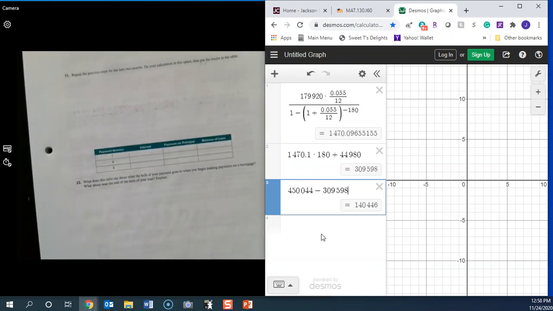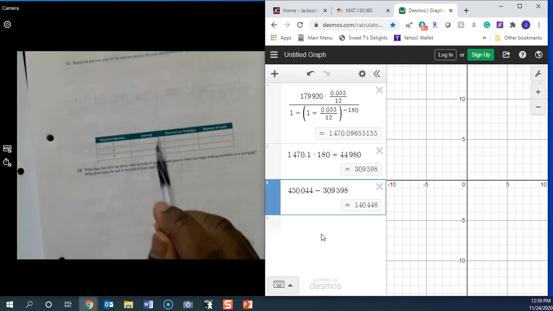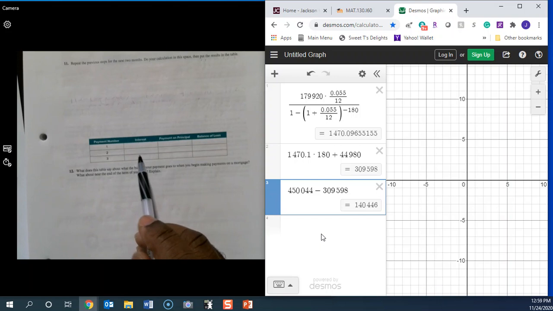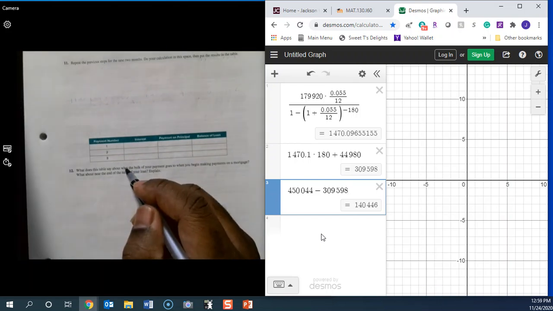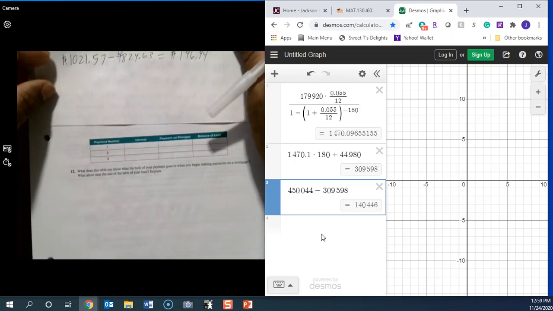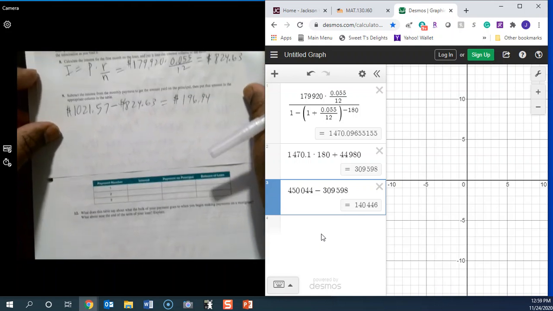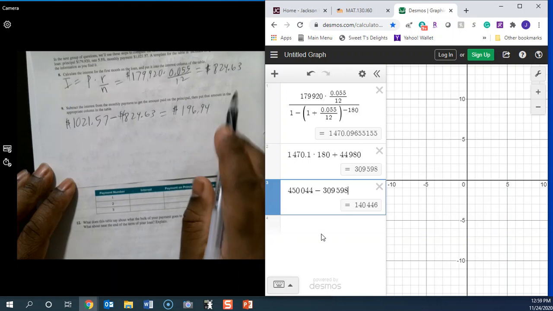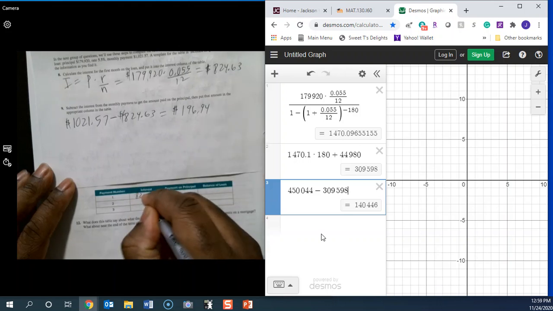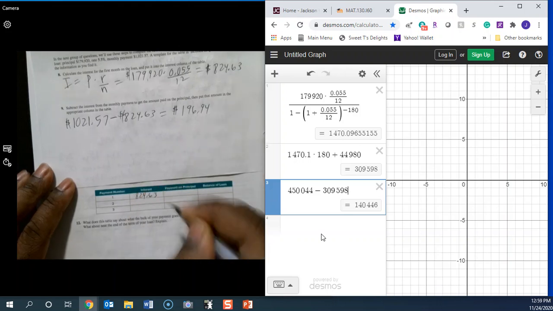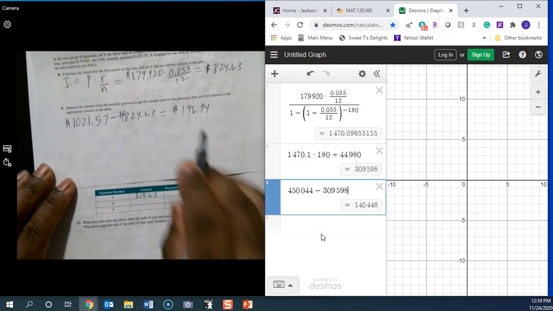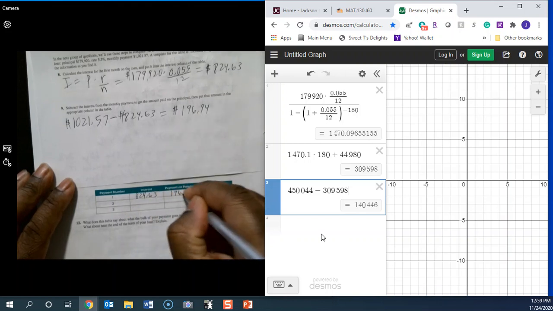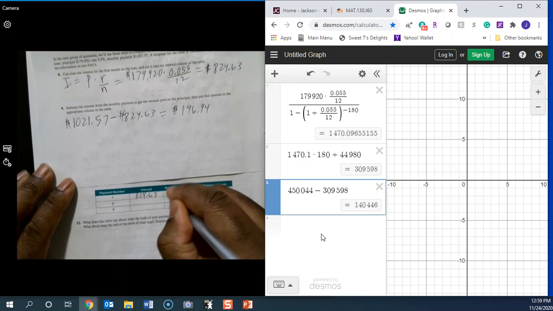Now the table that we're looking at here is down here in problem number 11. So I'm going to put in what we have here for problem number 8 and 9 from the previous page. So the interest is $824.63. The payment on principal was this $196.94.